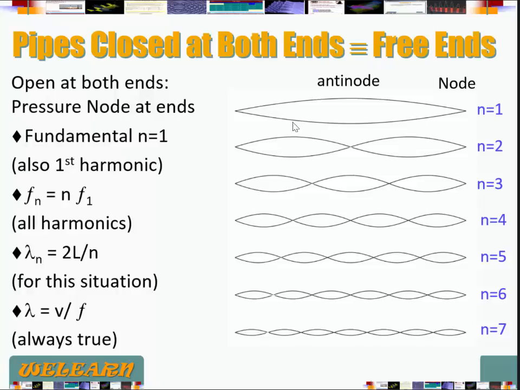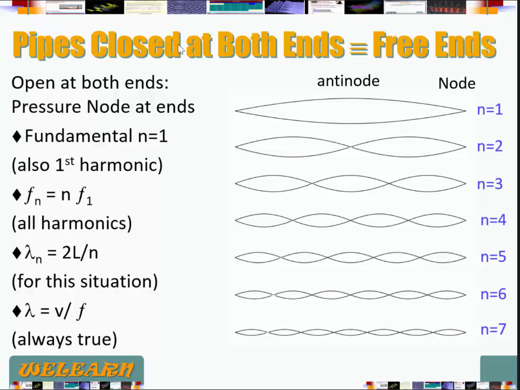Now remember, the speed of the wave is the same no matter what the harmonic is, because the speed of the wave depends only on the medium. So in here, the only things that change are the wavelength and the frequency. One last note, just to make sure, what we are looking at here is the pressure representation for it.